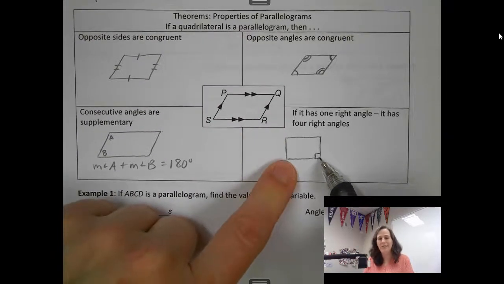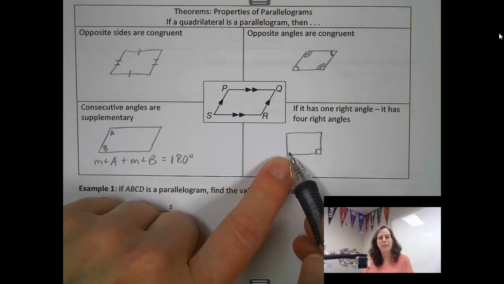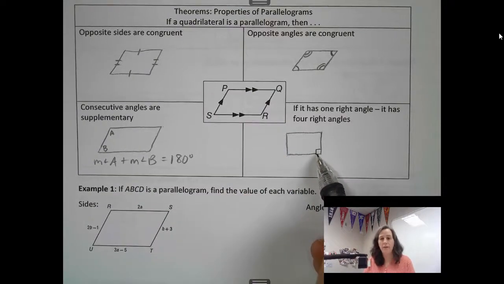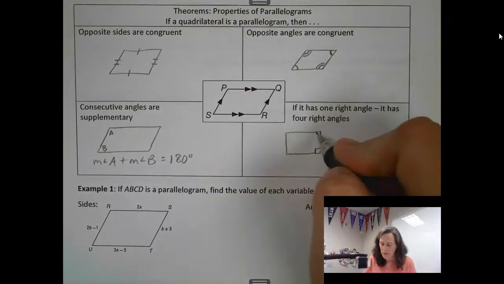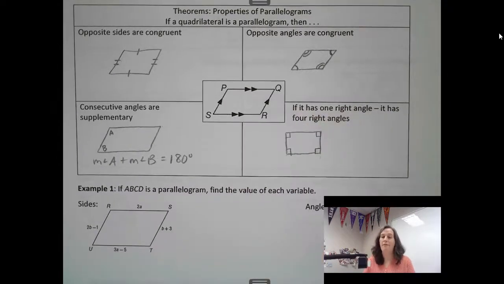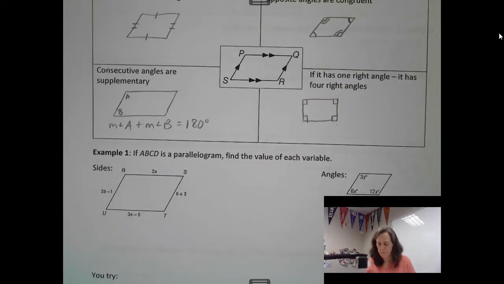So the ones right next to each other, if this is 90, this one has to be 90 so that their sum is 180. So if 1 angle is the right angle, then all those rules kick in and automatically all 4 of them have to be right angles. So you only have to know 1 is a right angle to know for sure that all 4 are.